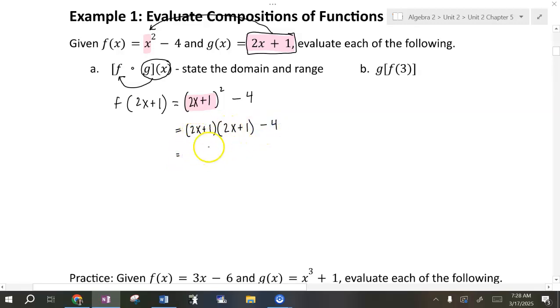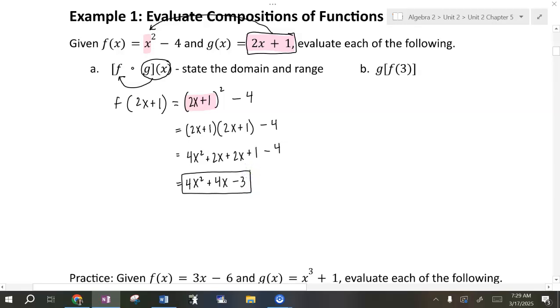Let's FOIL this out. 2x times 2x is 4x squared, 2x times 1 is 2x, 1 times 2x is 2x, and 1 times 1 is 1. Bring down your minus 4. Now combine like terms, and you get 4x squared plus 4x minus 3. So that's the answer for f of g of x.